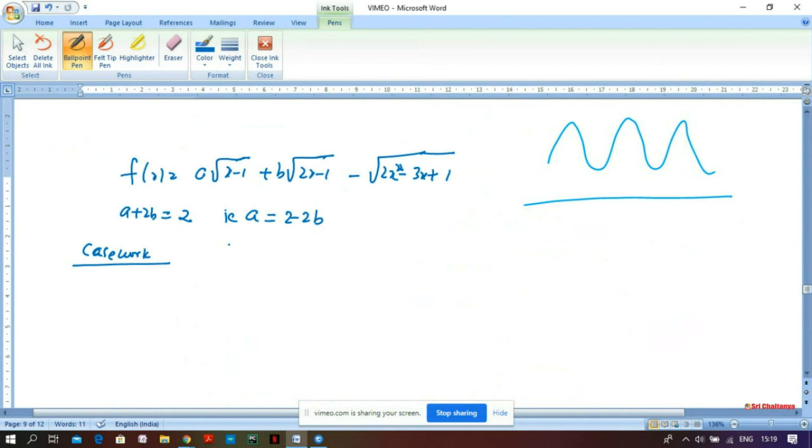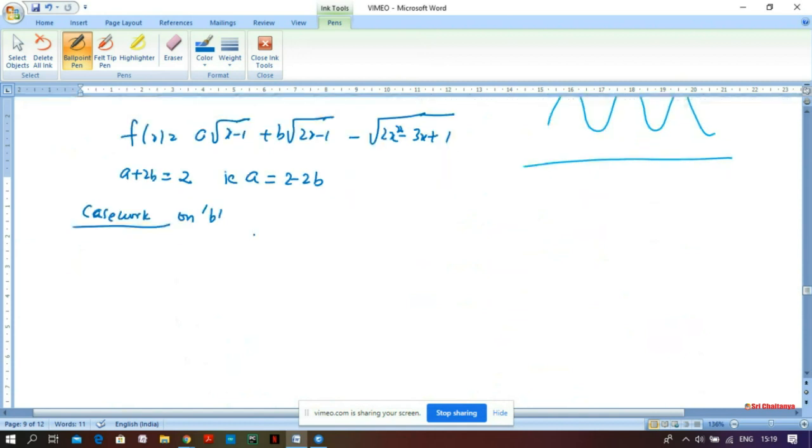So we do casework on the values of b, to analyze what it becomes for different b. So b is positive, or b can be 0, or b is negative, so you have three possibilities. The simplest one is b equal to 0. So if b is positive, then just check here.